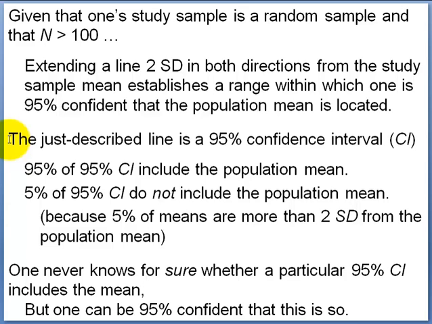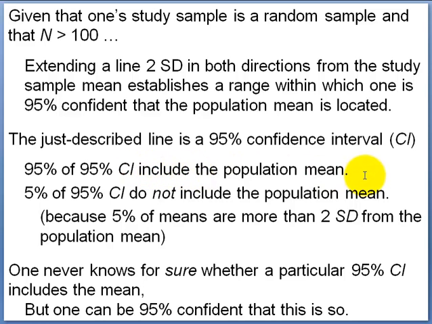So, what one does to form a 95% confidence interval is extend a line 2 standard deviations in both directions from the mean of their random sample. And it is the case that 95% of 95% confidence intervals do indeed include the population mean.